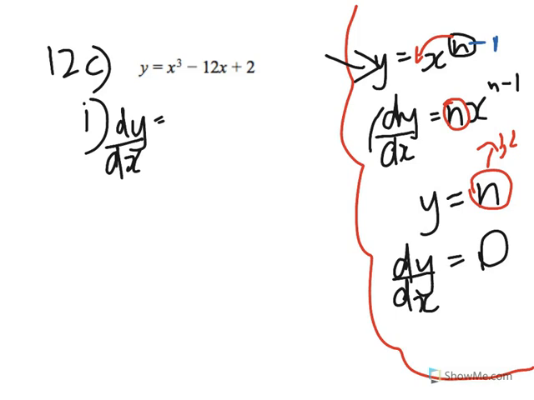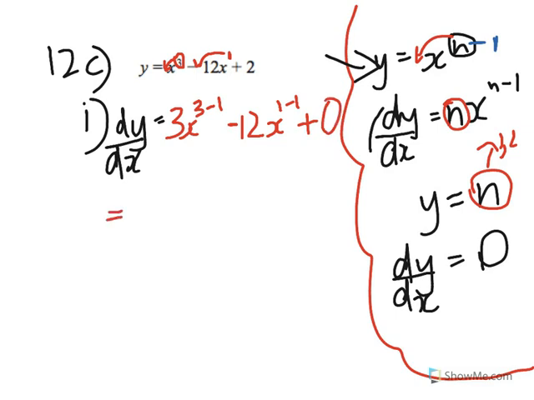If you look at this, it's nothing but x to the power of 3, so 3 comes down here, gets multiplied by x to the power of 3 minus 1, minus 12 times x to the power of 1, 1 comes here, so it's minus 12 times x to the power of 0, plus 2 differentiates, 2 is a constant, so it differentiates to 0.